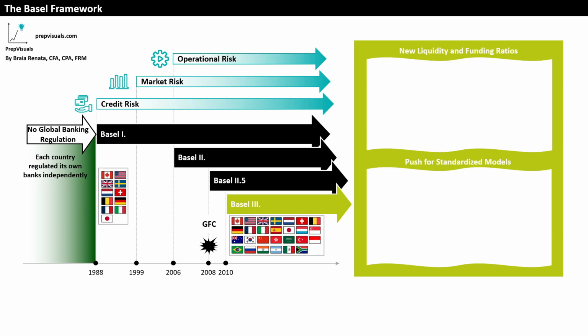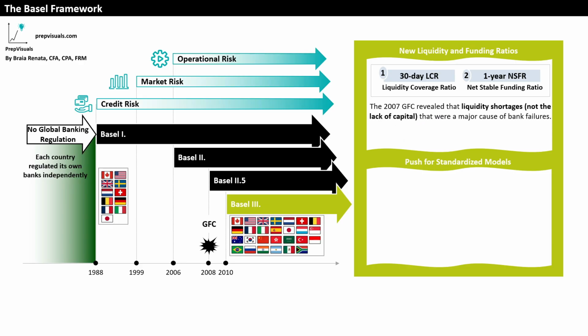Regarding the new ratios, there are two key measures, namely the 30-day liquidity coverage ratio, along with the 1-year net stable funding ratio. And in terms of the background, the 2007 global financial crisis has revealed that it was liquidity shortages and not the lack of capital that were a major cause of bank failures.